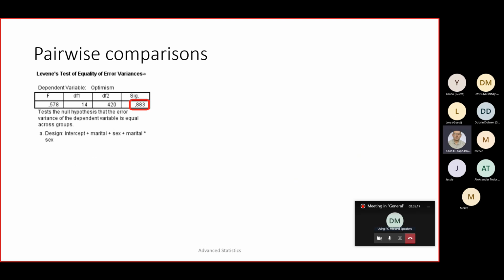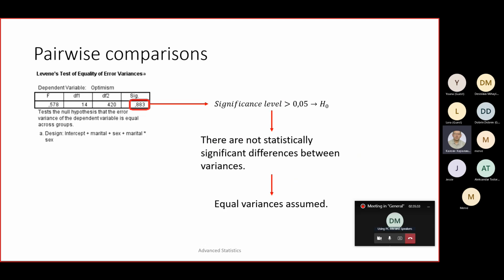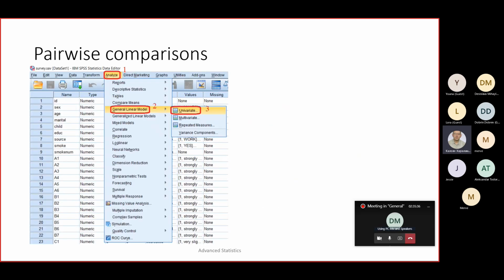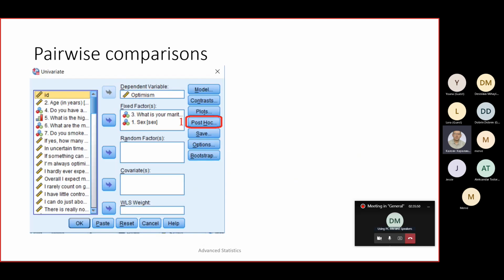In SPSS, we can make multiple comparisons. So we can make post hoc tests, but in PSPP, this is not possible. And the post hoc tests for the multiple ANOVA are almost the same as post hoc tests for the one-way ANOVA.